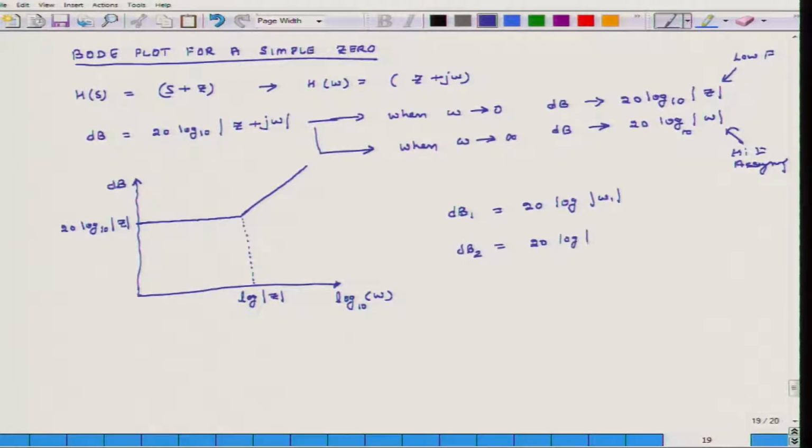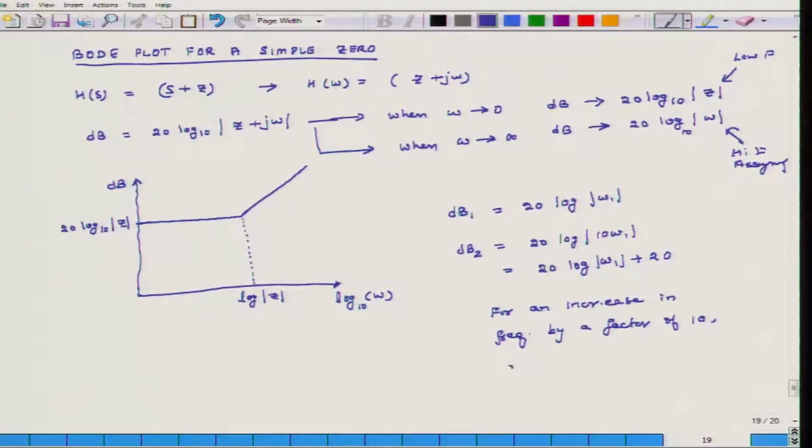So, this is equal to 20 log of omega 1 plus 20, which means that for an increase in frequency by a factor of 10, dB goes up by 20.